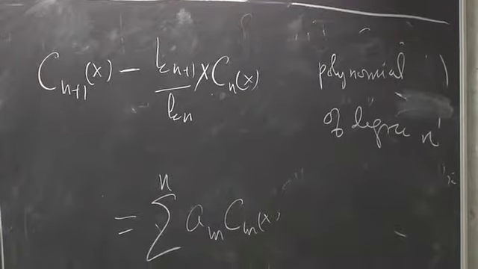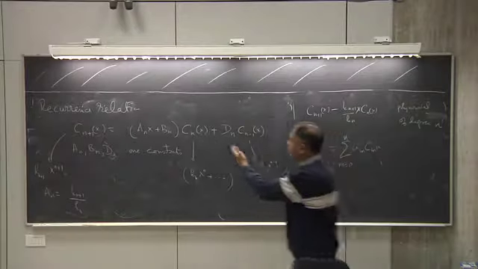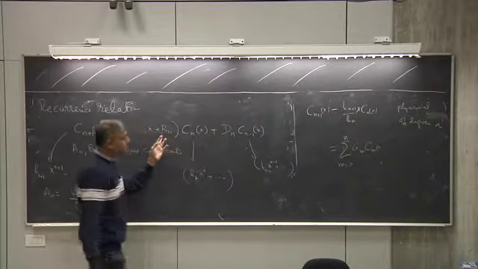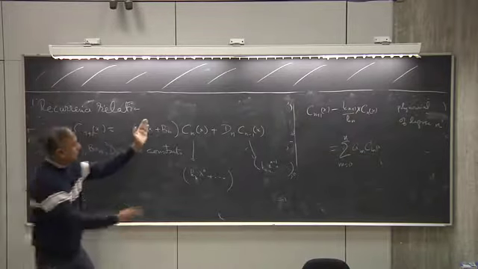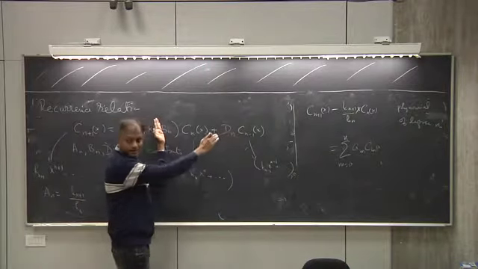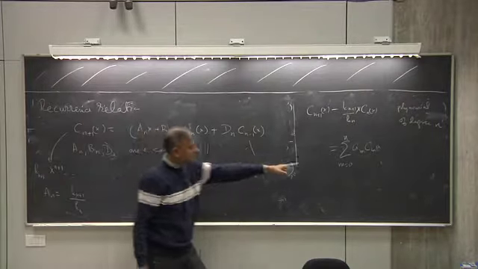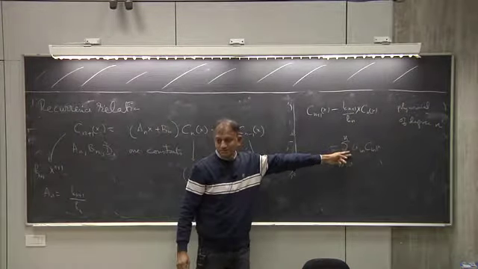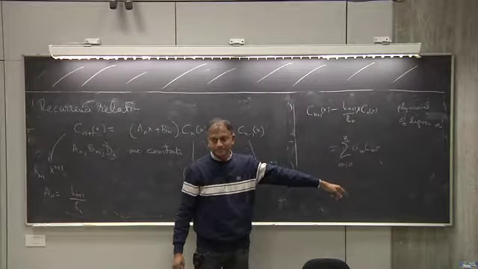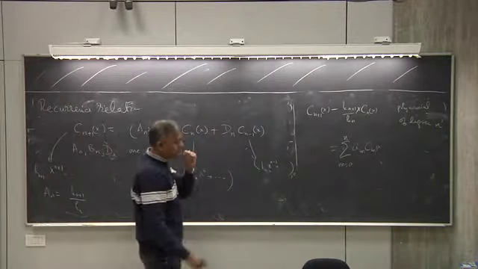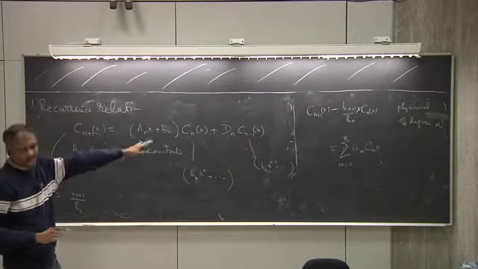Now if you look at this statement, I've taken this on the other side, so what is left over is this and that. What this statement is saying is that in this sum only two terms contribute, m equal to n and m equal to n minus 1. Everything else must vanish. That is what this statement is saying.